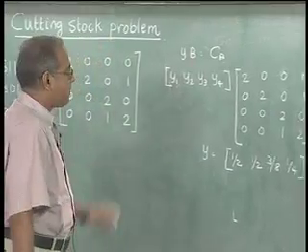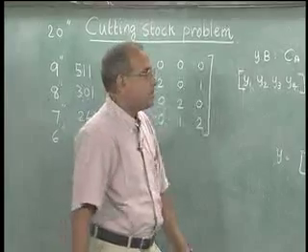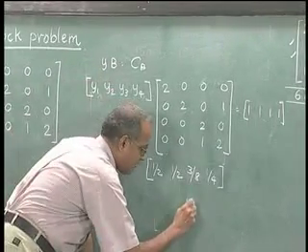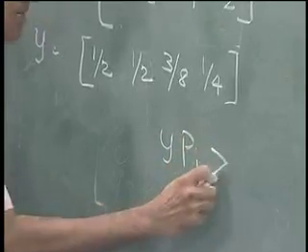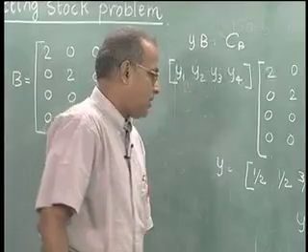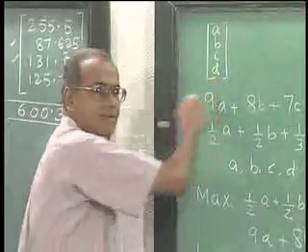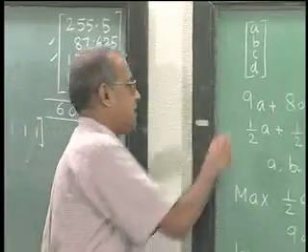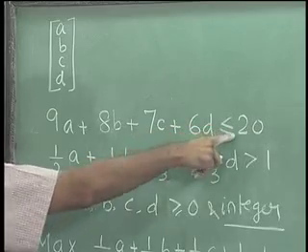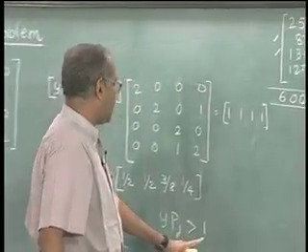Now, if we want to find out if there is an entering pattern, and we call it Pj, then we need to have y Pj strictly greater than 1. So, if the entering pattern Pj is of the type a, b, c, d, then it should satisfy 9a plus 8b plus 7c plus 6d less than or equal to 20, and it should satisfy y Pj greater than 1.